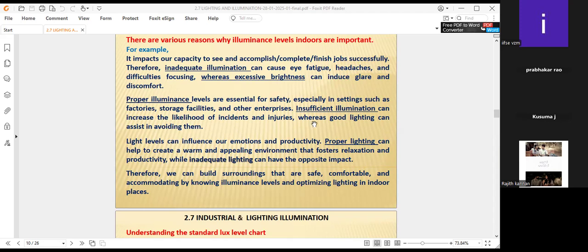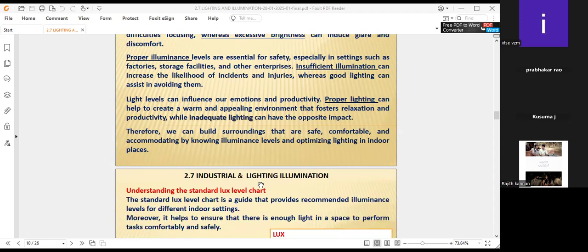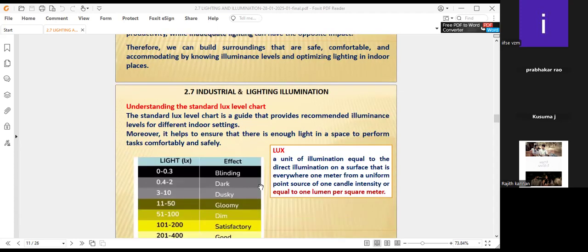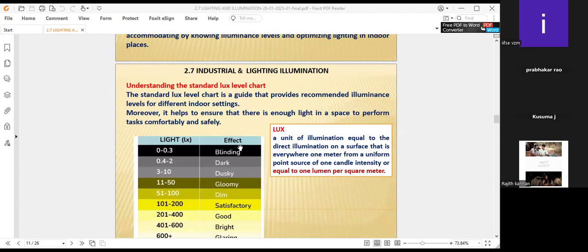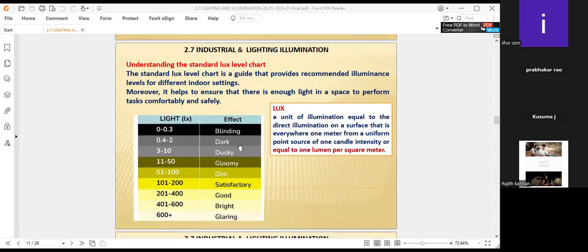For the two companies, we have to study the specifications to see which is the best in view of electrical consumption, distribution of the electricity, and distribution of the illumination to the room. We have to see the comfort and safety of the people also. Understanding standard lux levels: lux is the unit of light.